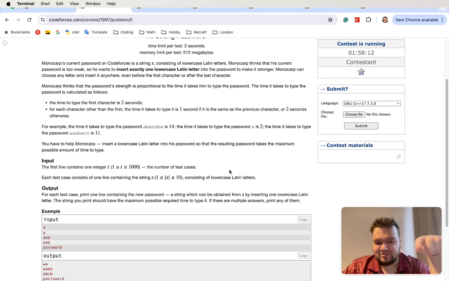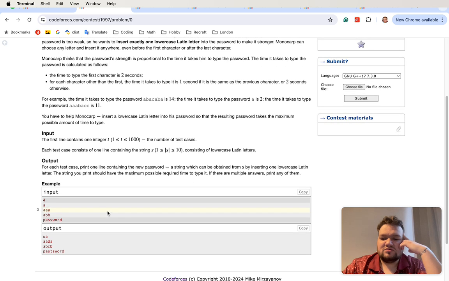If we choose the position where to insert the character, we can make sure that it is not equal to the previous or the next, because there are more than 2 letters in the alphabet.